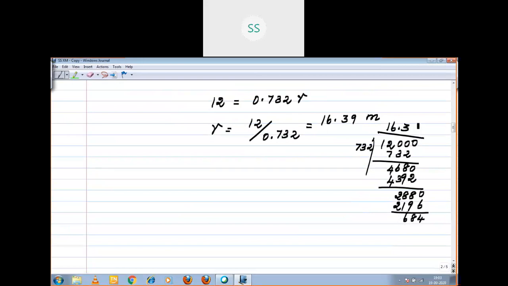You put 9 here. After the decimal you have to add 0. 9 nines, 9 twos are 18, remaining 1, 27, 28, remaining 2, 63, 65. Like that it will go on. Again how many times? 3 times. So we are restricting up to 2 decimals. So 16.39.